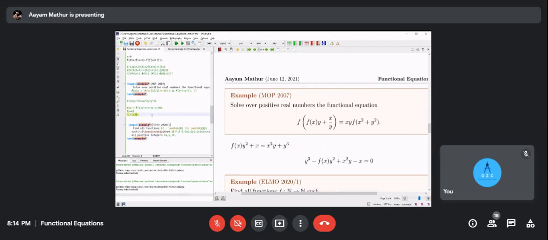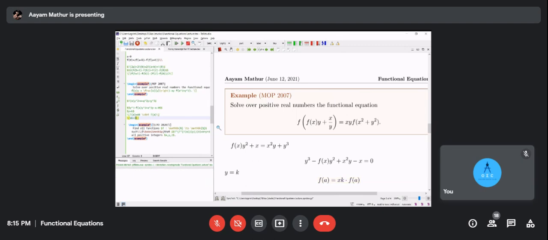A is something arbitrary, we don't really care, equals xk times f of a, right? Because we set the inputs equal. And then naturally nothing is zero, so you could just get rid of the f of a and you get xk equal to 1.